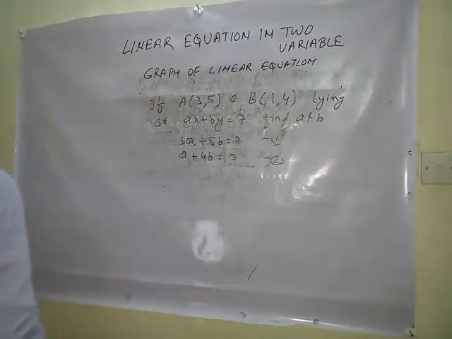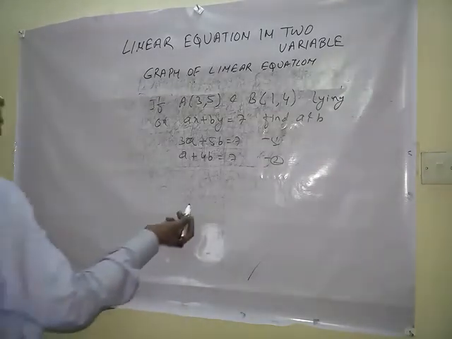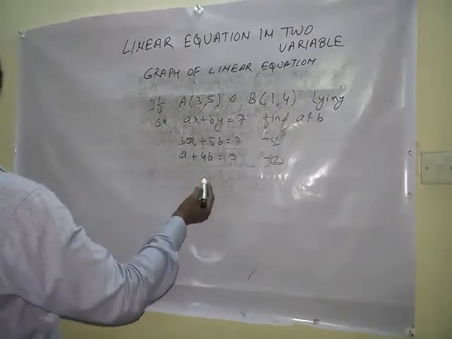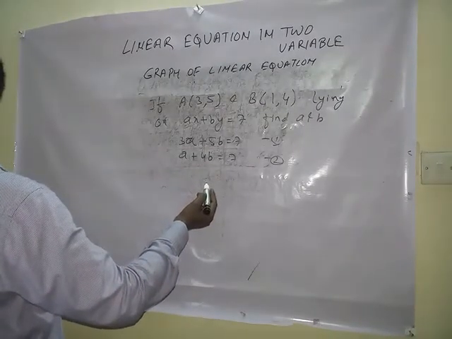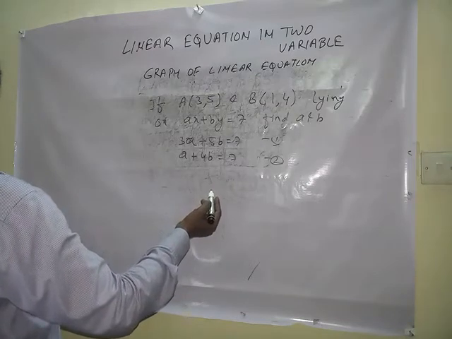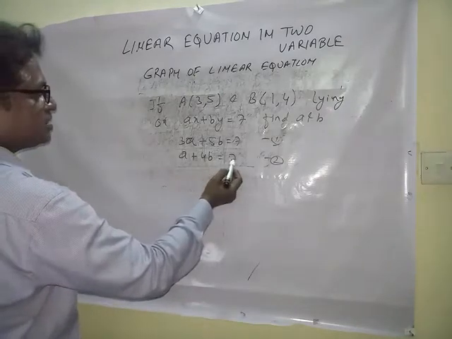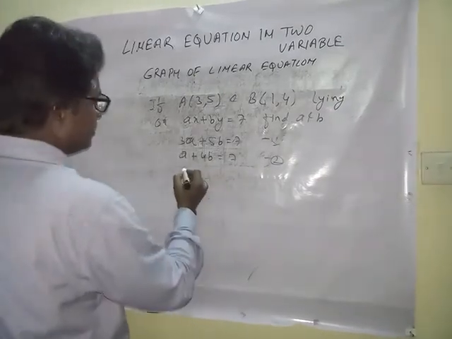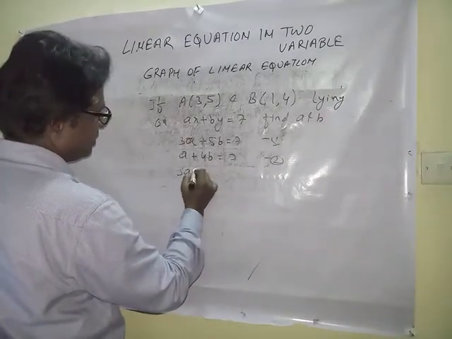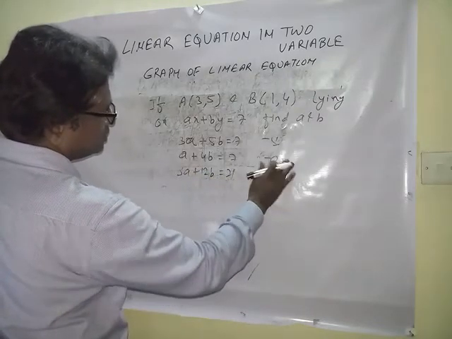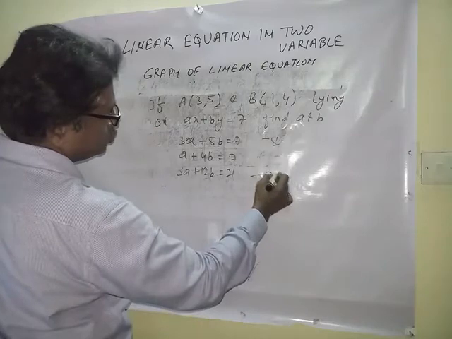Now you will solve these equations. Here you can see, in this equation, if you multiply both sides by 3, then the equation will become 3a plus 12b is equal to 21. That will be equation 2.